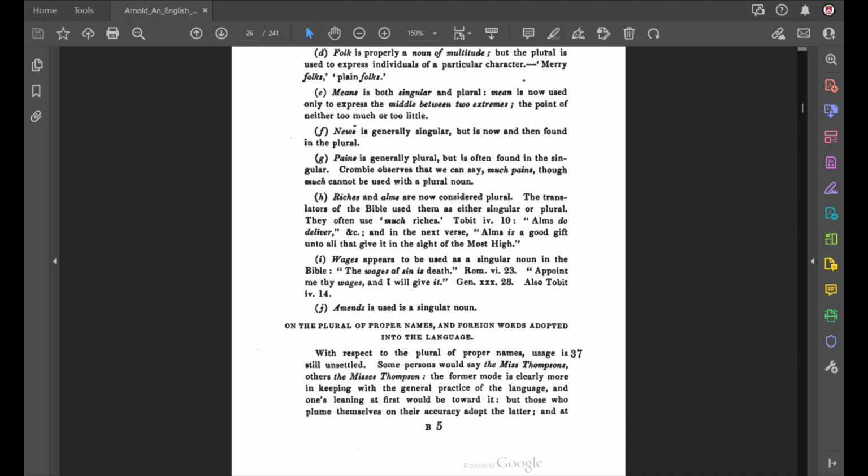The former mode, Miss Thompsons, is clearly more in keeping with the general practice of the language. And one's leaning at first would be toward that first example, but those who plume themselves on their accuracy adopt the latter.